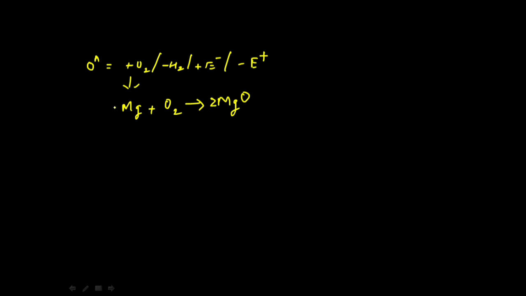I will balance this equation, and remember we will learn balancing a chemical equation in the next part. In this case oxygen is added to the magnesium to give magnesium oxide. So this is an example of oxidation reaction, and we can say magnesium is undergoing oxidation.